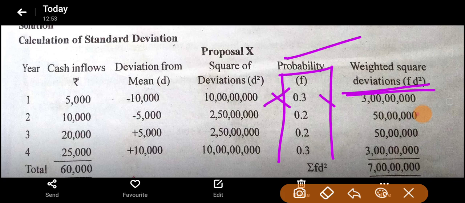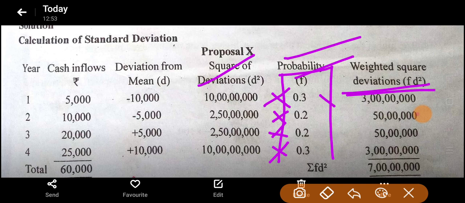Like that, second case also, third case also, and fourth case also. We multiply the square deviation column with the probability column, then you will get the weighted square deviation.